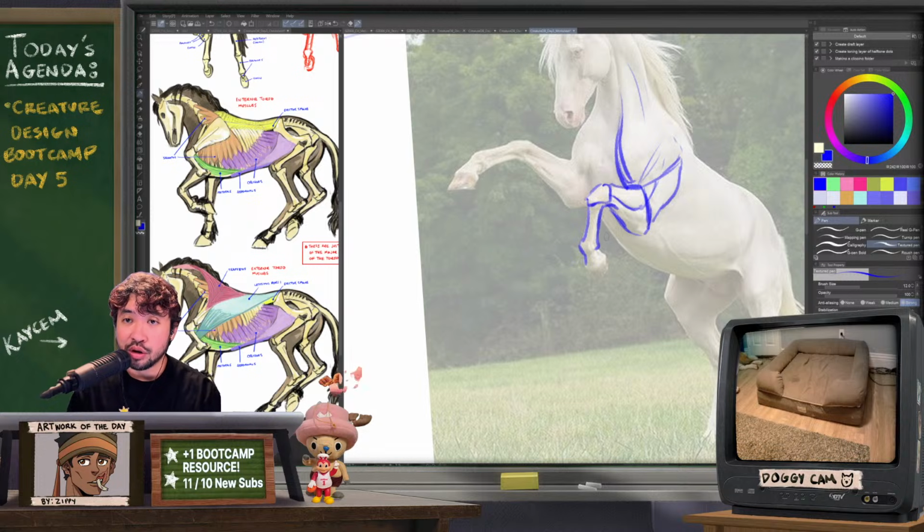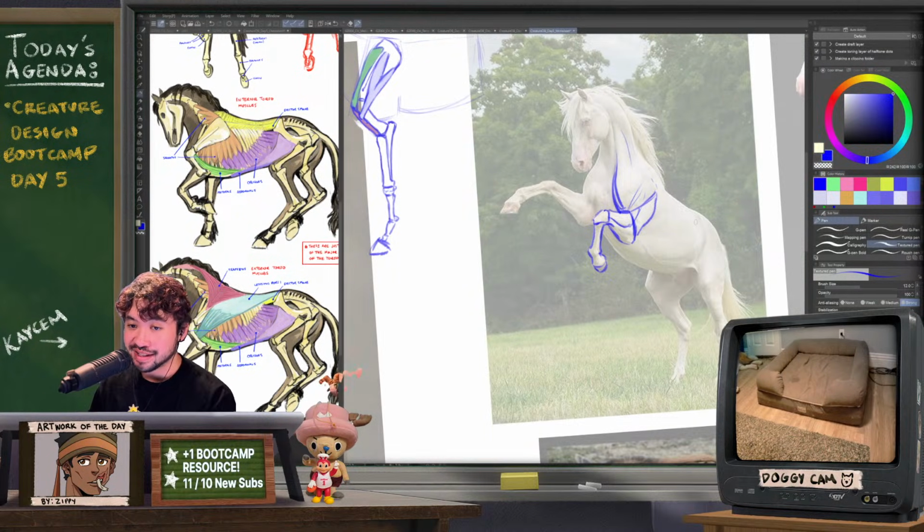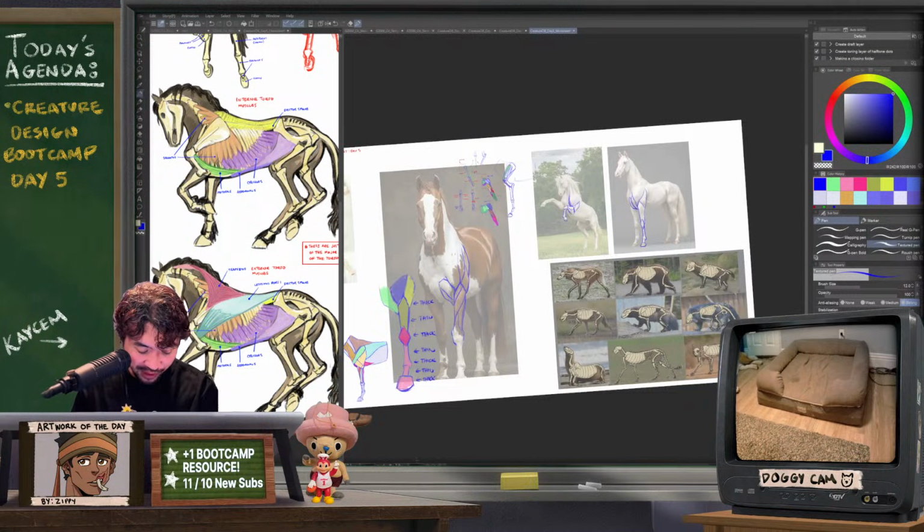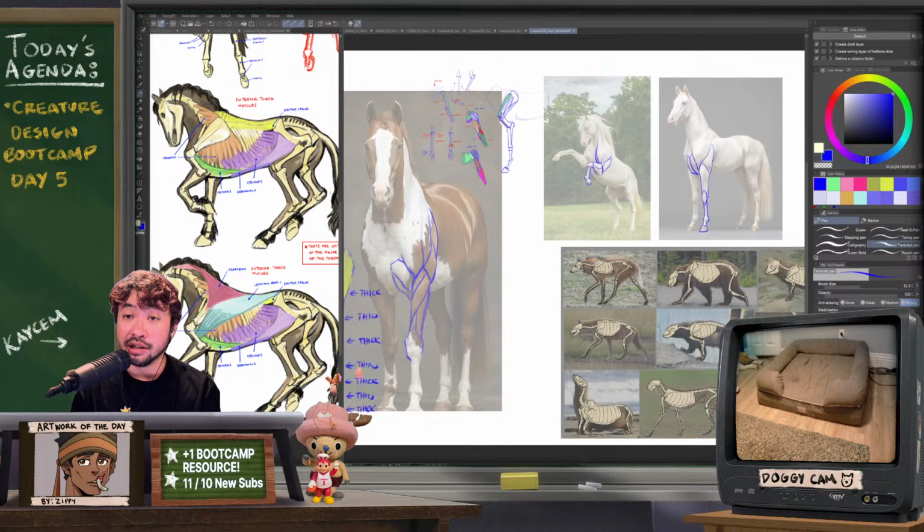Let's see. Can you draw a Clydesdale horse from imagination? If I knew what a Clydesdale horse was, maybe, yeah, one of these days I'd have to look at one. I don't mind you guys. Again, I'm a fake horse fan. I'm not a real horse fan. I don't know any of the horse names, anything like that.